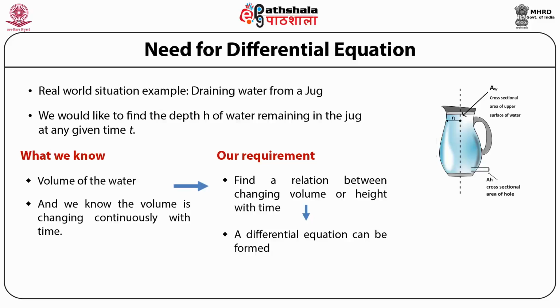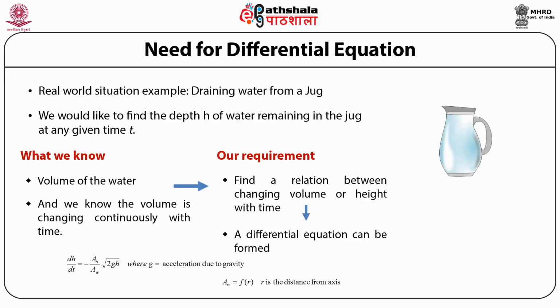This is one of the forms, and you can find different forms: dH/dt = -(A_H/A_W) root of 2gH. So these kinds of equations can help us, in one line, find the height of water remaining or the volume of water remaining. Any parameter that we don't know, we can always find.